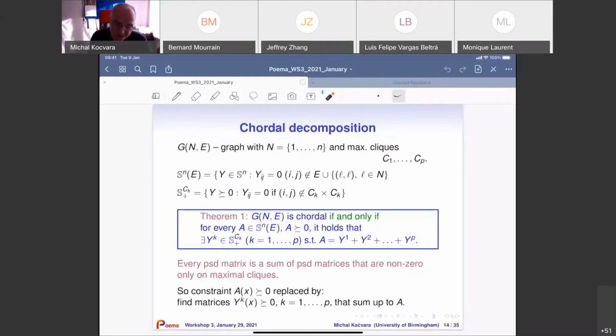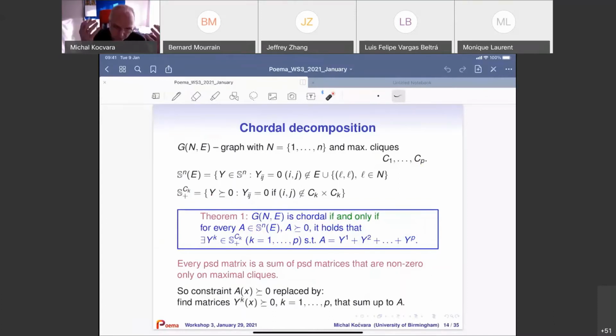P is the number of maximal cliques, and these matrices Y_k are only non-zero on these maximal cliques. So in a way, these may be much smaller matrices, if I just consider the non-zeros in those matrices. So I can say that my big matrix A is a sum of smaller matrices which are positive semidefinite and which are only non-zero on the maximal cliques of that chordal graph.